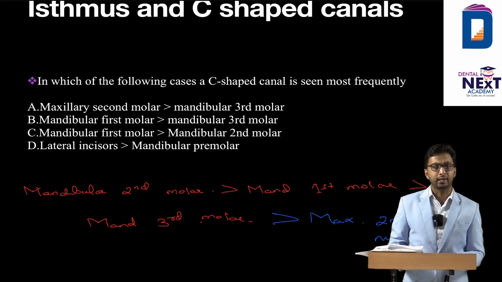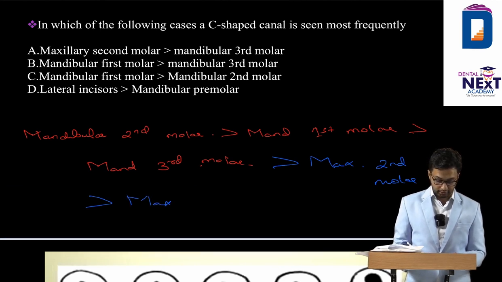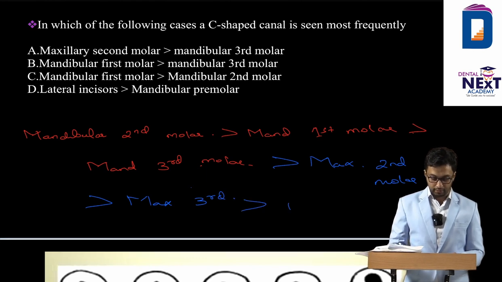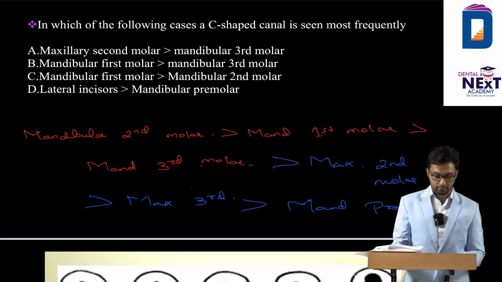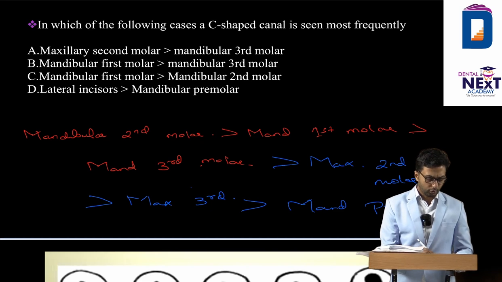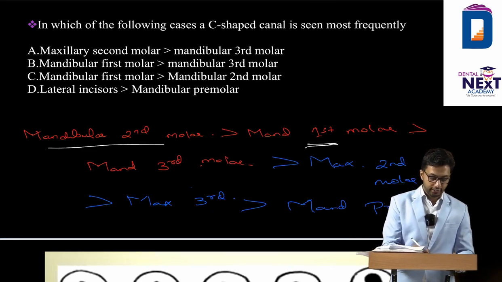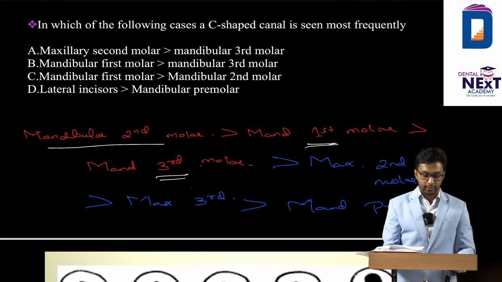Now what about the maxillary first molar? No, there is no such thing. Very frequent is the maxillary third molar. Then come the mandibular premolars. So what did I say? All starts with the mandibular second molar, most common. Then first, then third. Then maxillary second again, but next is third, not first, then mandibular premolars.